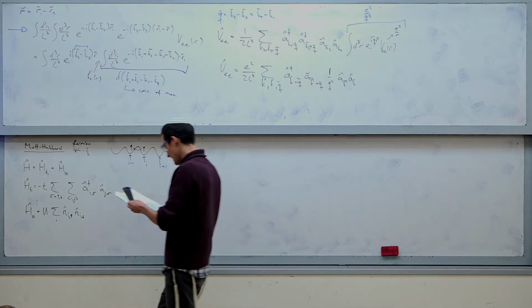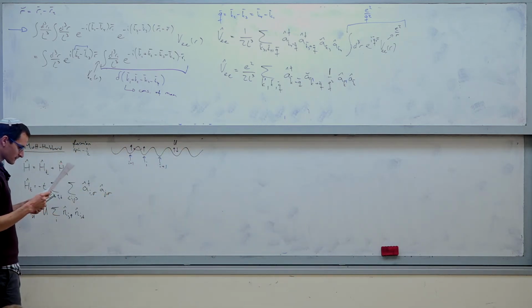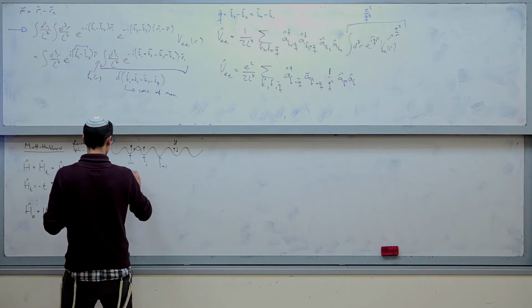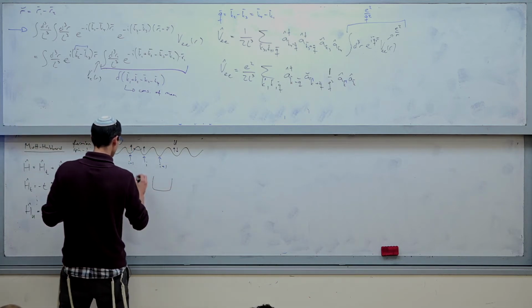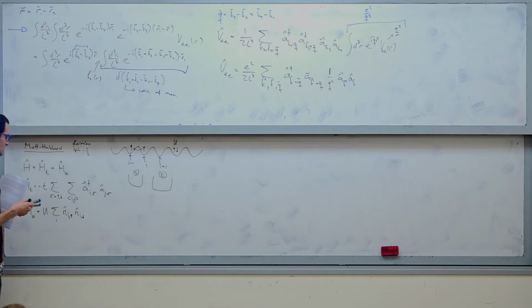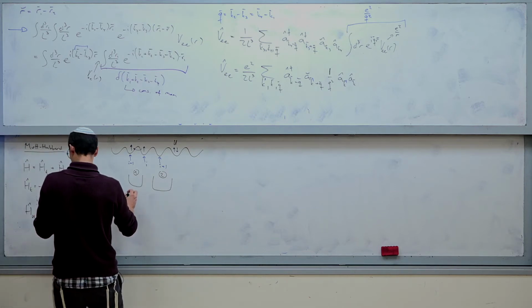Great. Now, for illustration and for the math we're going to do now, we're going to limit ourselves to the simplest possible lattice, which is a lattice with two sites, site number 1, site number 2. In this case, I can even write out the Hamiltonian. So this will be minus t.